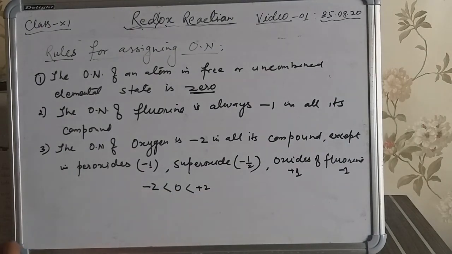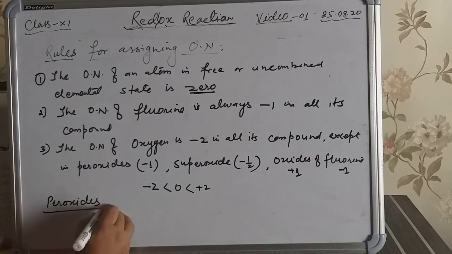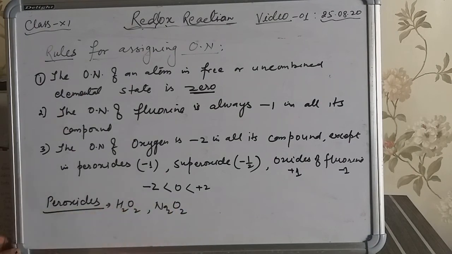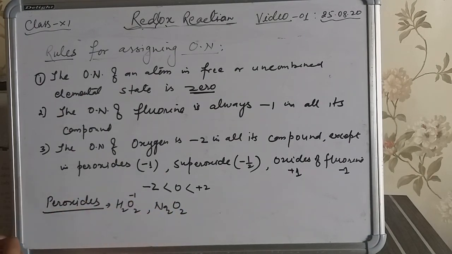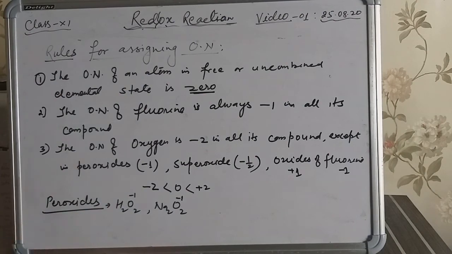Next we discuss examples for rule number 3. For peroxides, we know H2O2 and sodium peroxide Na2O2. Here the -1 oxidation state is assigned to oxygen.